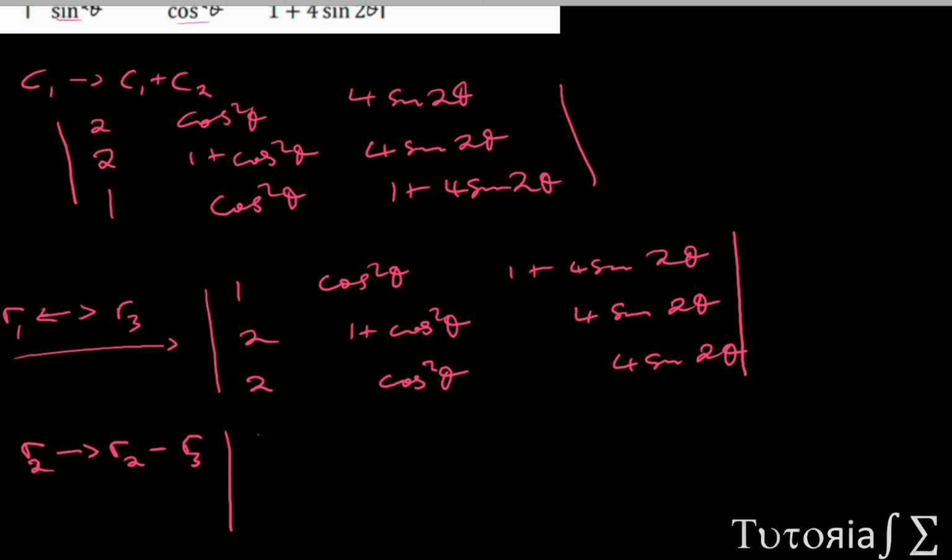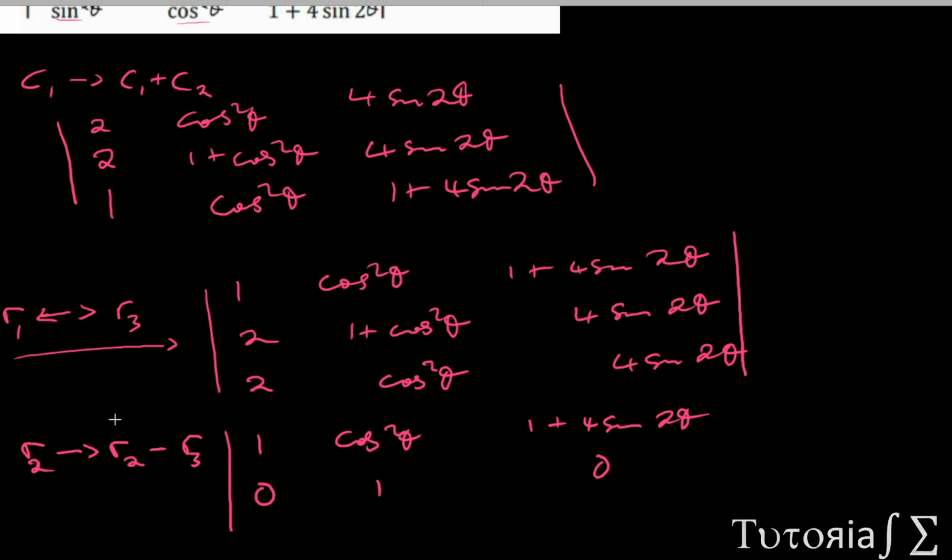Row 1 remains the same: 1, cos squared theta, 1 plus 4 sine 2 theta. Then when we say row 2 minus row 3, this minus this will be 0. Then this minus that will be 1. This minus that will be 0.